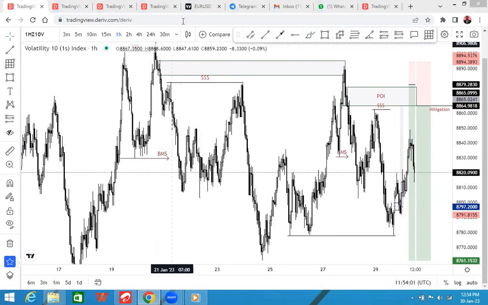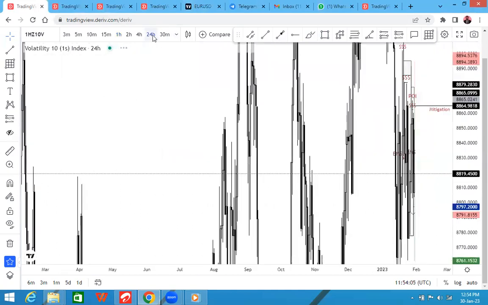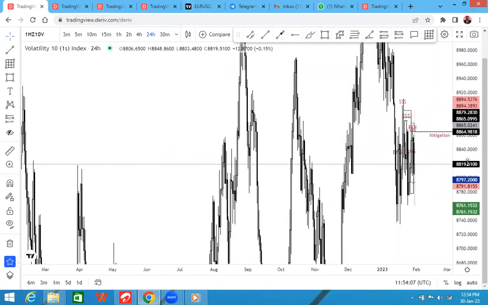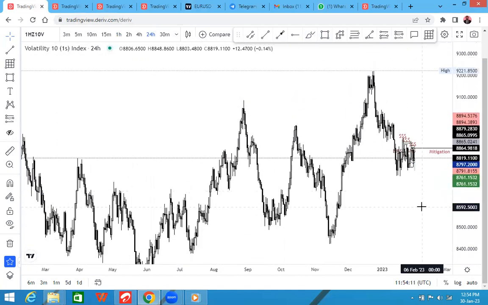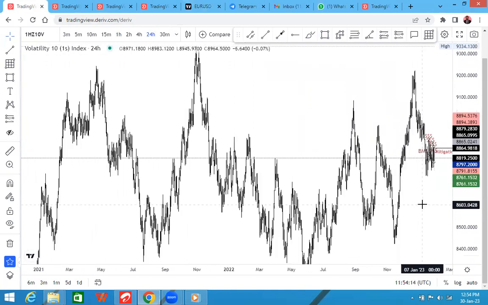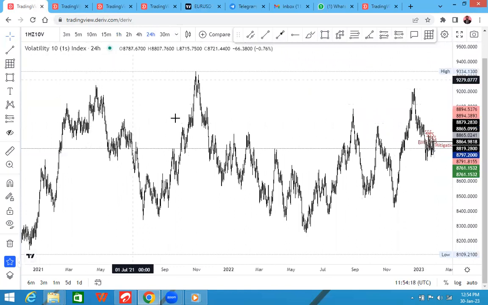Now, let's go to the daily, because we take our structure from the daily. Just ignore whatever is there. Price gave a high and broke structure. So I'm still looking at this place.